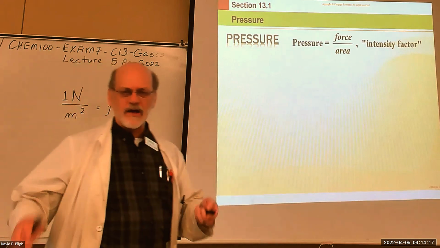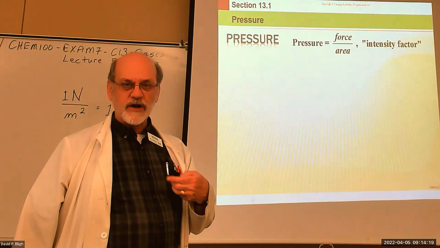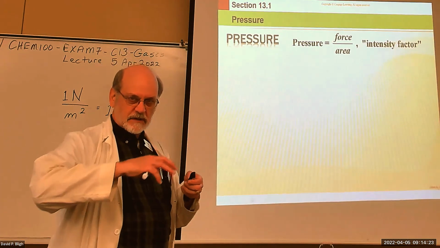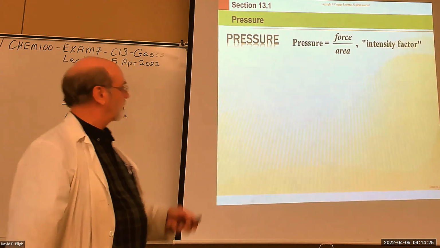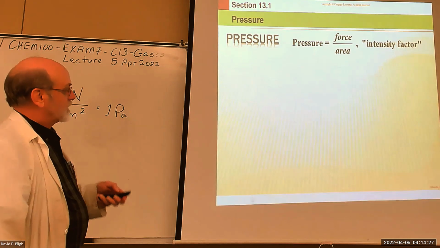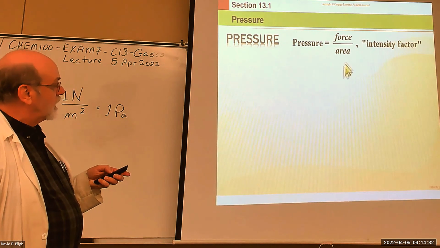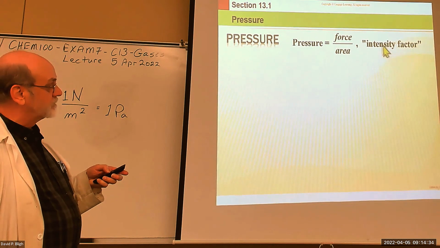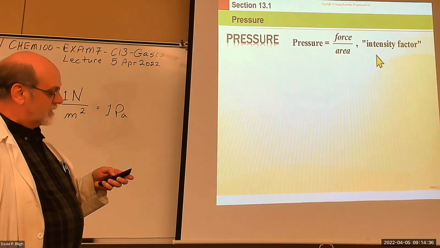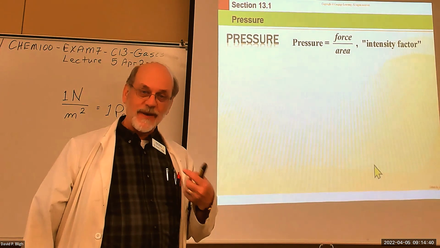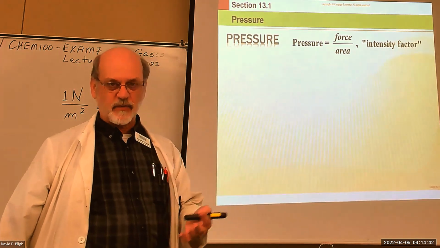Now, for most of our calculations, we're going to use for pressure the units of atmosphere. So we need to draw comparisons here. All right. So the other point I need to make is that pressure is an intensity factor. It's an intensive property as opposed to a capacity factor or an extensive property.